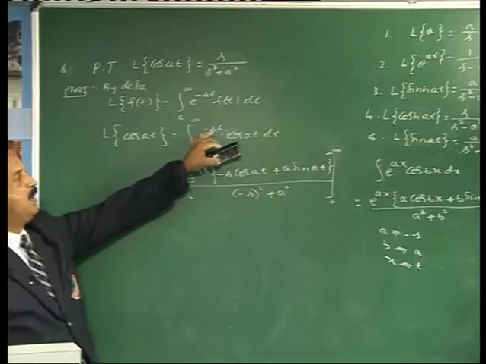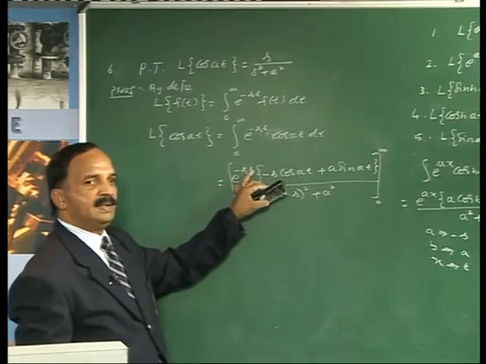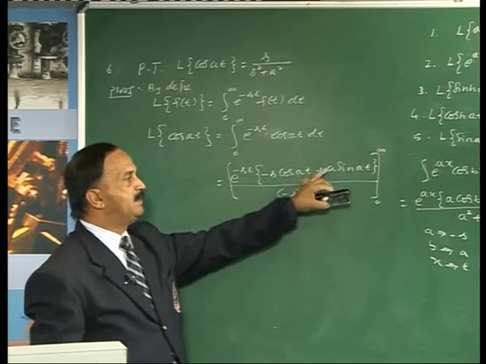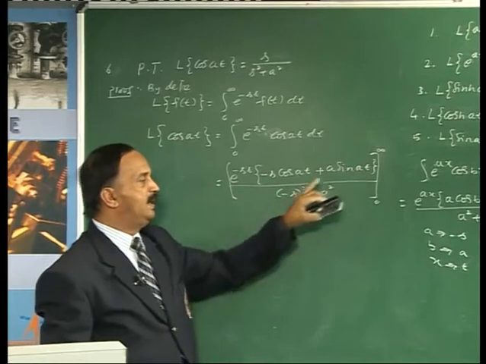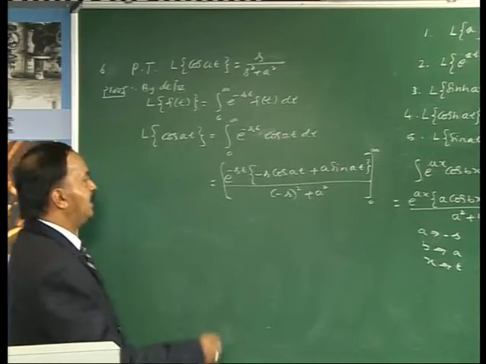The integral of e to the power of ax cos bx dx equals e to the power of ax into (a cos bx plus b sin bx) divided by a square plus b square, by using the formula.